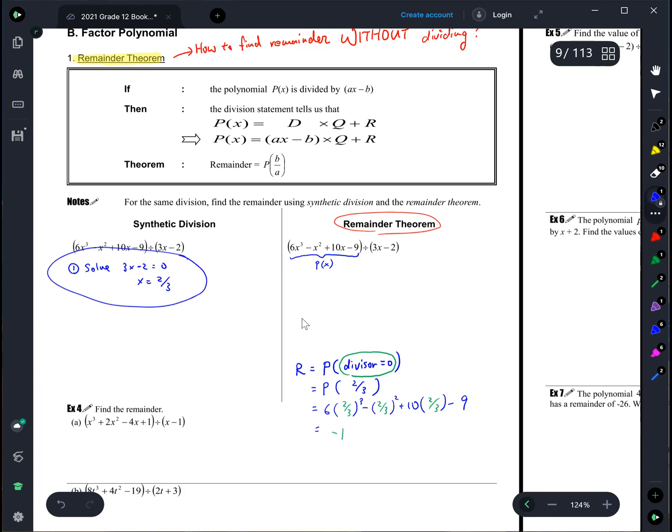Do you understand how we get x equal to 2/3? Yep. Do you know what's r? Yeah, remainder. Okay, so we are looking for the remainder here. To find the remainder, you take the 2/3 you solved for and plug it into our dividend.